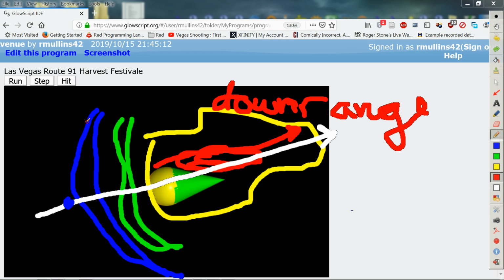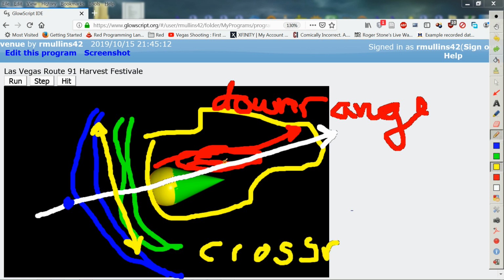So the downrange is along the path of the bullet. If I go cross range, that'll be the distance in either direction. And you'll notice that this whole graph is symmetrical about the path of the bullet. So then you have cross range. And these are the two measurements that can be used to estimate the lag.